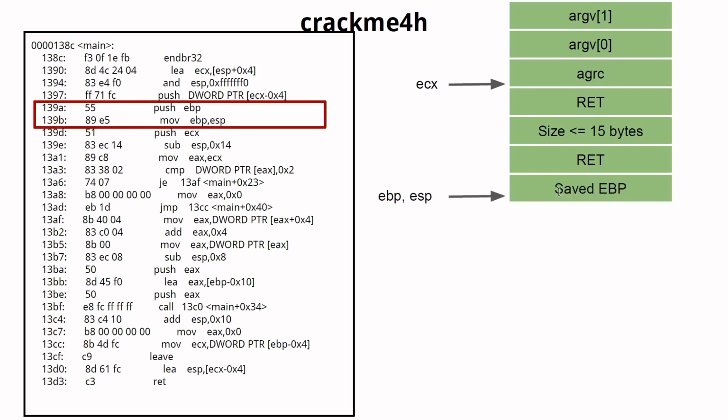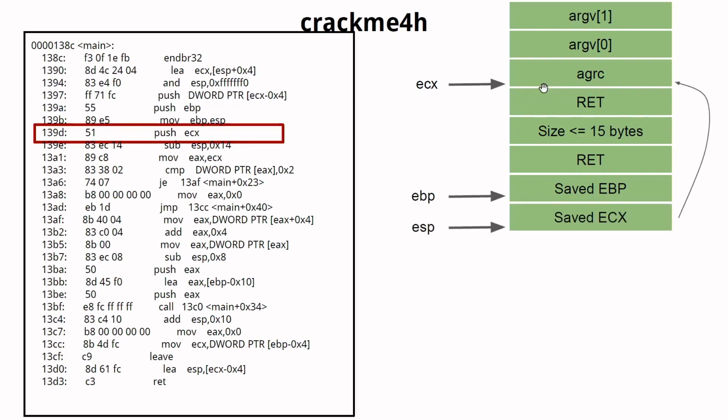Then after that, we just have our regular function prologue. We push EBP, move ESP to EBP. Then after this, both EBP and ESP point to this place, and the ECX still points to here. Then we have another push of the ECX. So the ECX value will be pushed onto the stack.